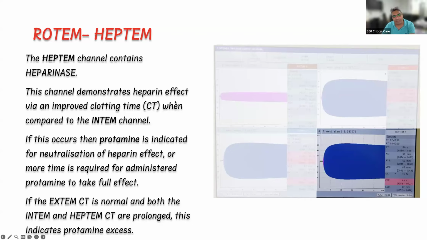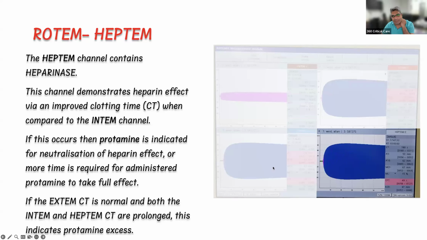So this channel demonstrates heparin effect by an improved clotting time when compared to the INTEM channel. In INTEM you will find a heparin effect; in HEPTEM you will not. If this occurs, then protamine is indicated. If the clotting time is prolonged in the INTEM and it gets corrected in the HEPTEM, that means there is a heparin excess and you need to neutralize the heparin with protamine. So you give protamine.